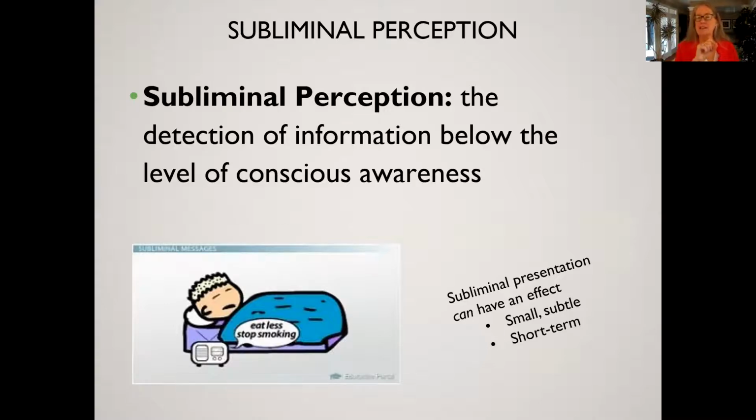It said something like, buy more popcorn, or you want popcorn, or something about popcorn. And if you asked people, when you watched the movie, did you see popcorn flashing on the screen? They'd say no. But if you looked at the film, you could see that it was there. It was just so quick, they couldn't see it. And what they found was that people bought more popcorn.